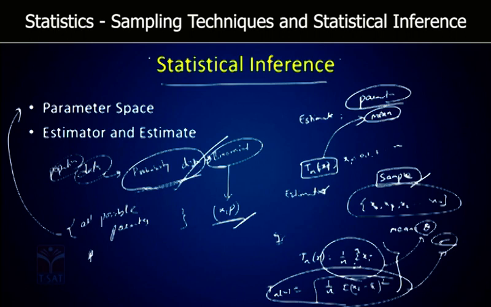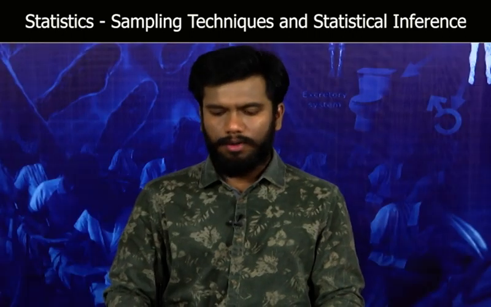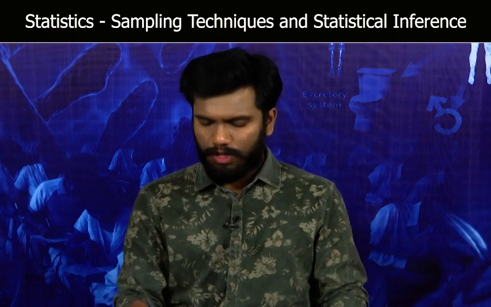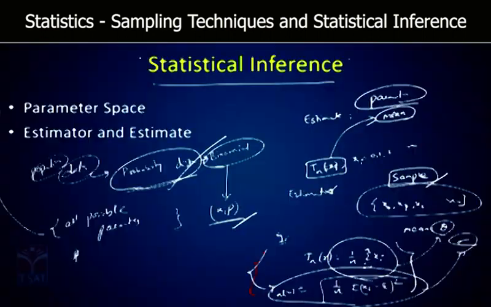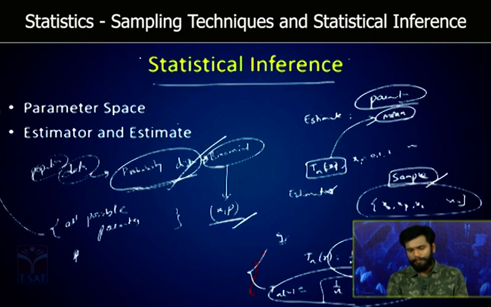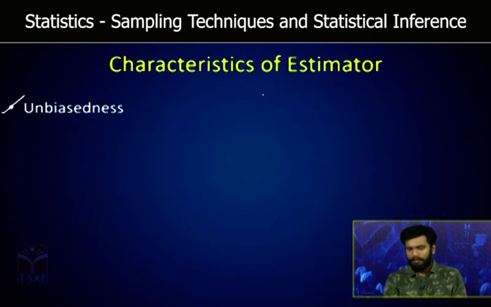Now we'll see the properties of an estimator, that is, how we can say an estimator is a good estimator. We'll see a few characteristics. First, unbiasedness. I have the parameter theta.